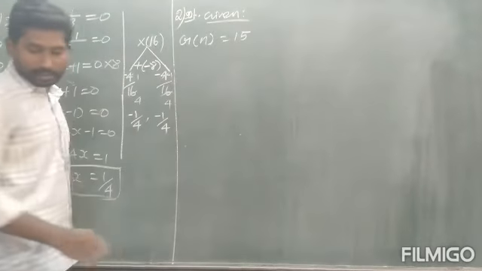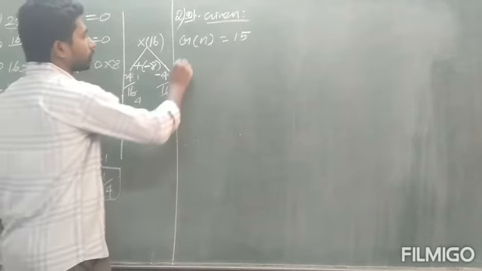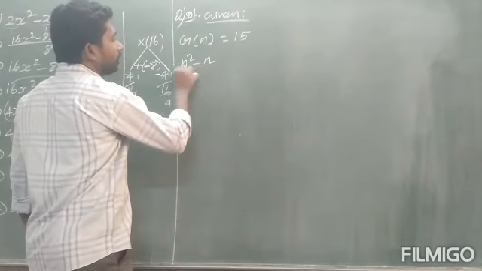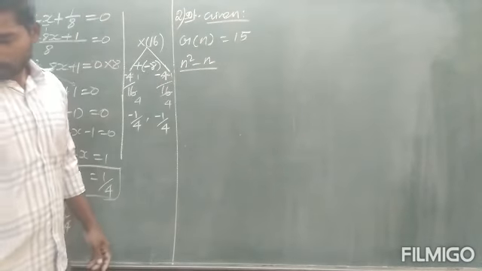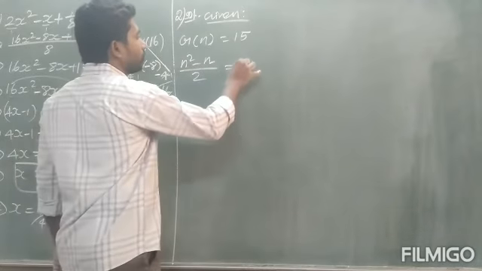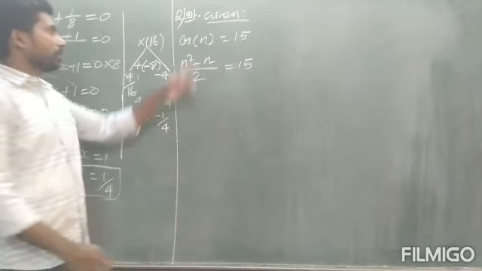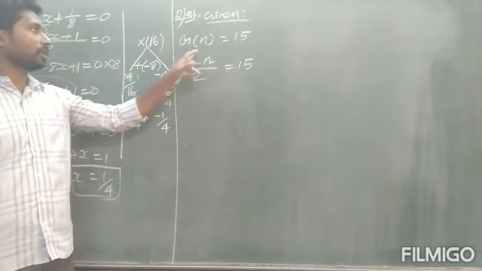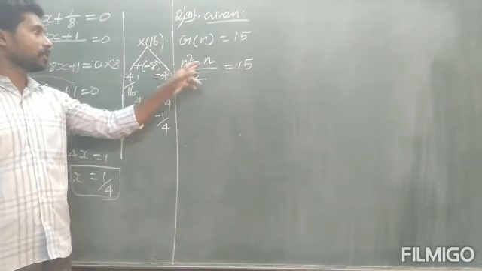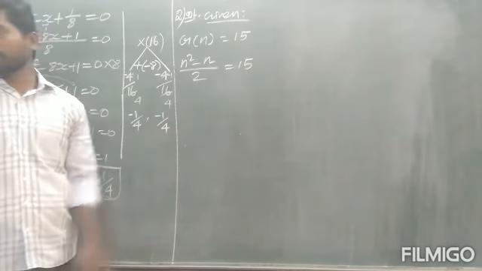What is g of n? n square minus n divided by 2 is equal to 50. So g of n is given, and its value is given. g of n is n square minus n by 2 is equal to 50.